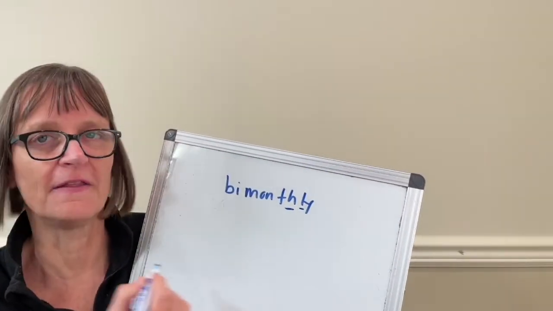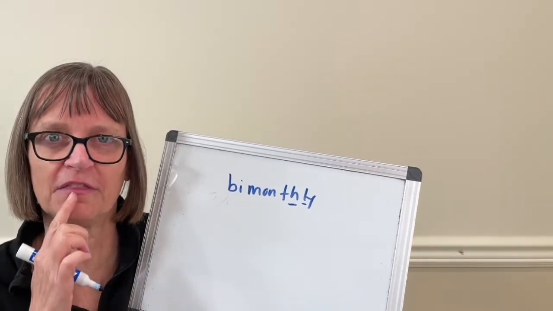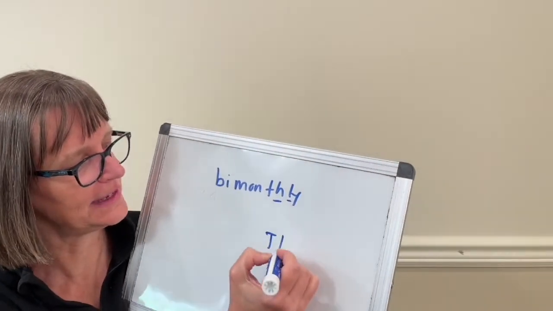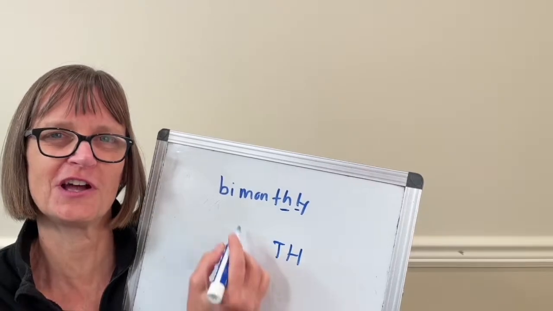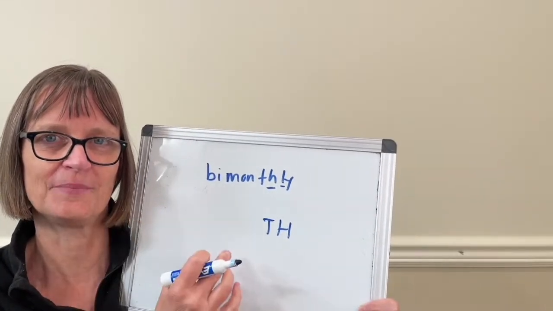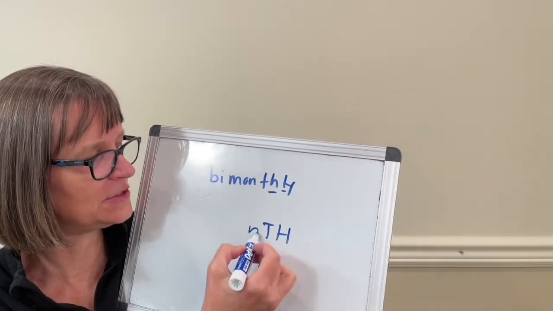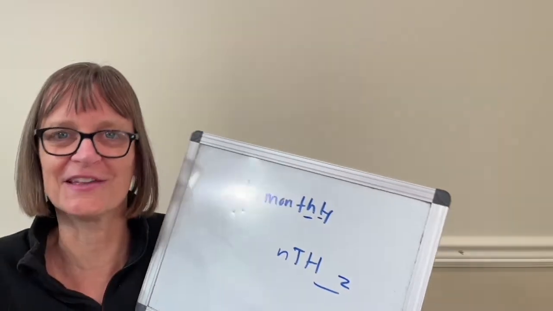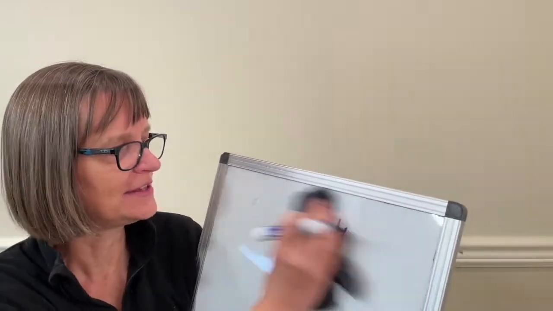You can also check out, I have a video for linking TH. I'm not sure if I talk about TH and L in there, but I talk about how to go from an N to a TH or a TH to a Z when we're linking between words, because TH, of course, is a challenging sound, and when we work on it by itself, like month, we're able to get that TH.